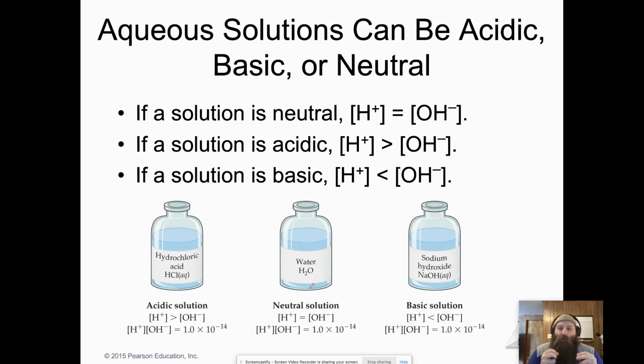And you'll notice that I have referred to each of these based on the behavior of hydronium or hydrogen ions as it relates to OH. Because when you look at pH, pH is telling you about the H plus concentration. Now, if you look at pOH, we would then refer to it in terms of hydroxide, all right? But that's just a little language clue as far as to whether or not we're talking about pH or pOH.